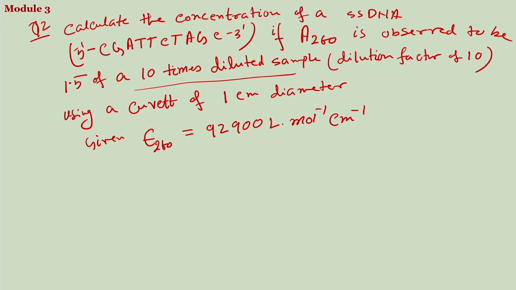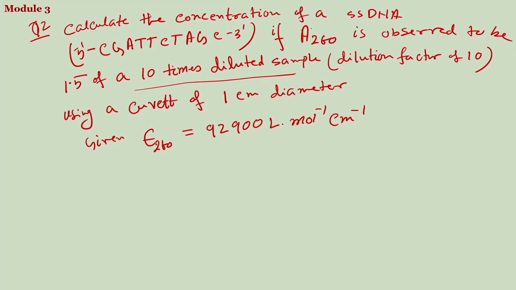that you are given a single stranded DNA which has this sequence, and when you are measuring the UV absorbance at 260 nanometer, you have used a 10 times diluted sample from the parent DNA stock.